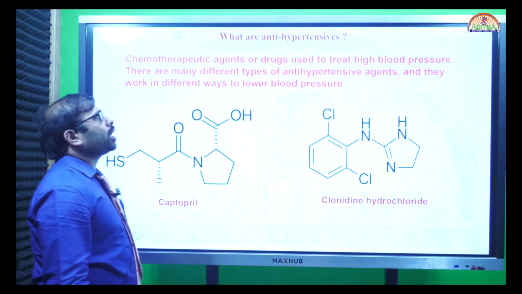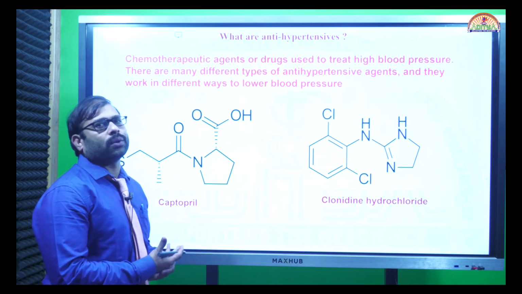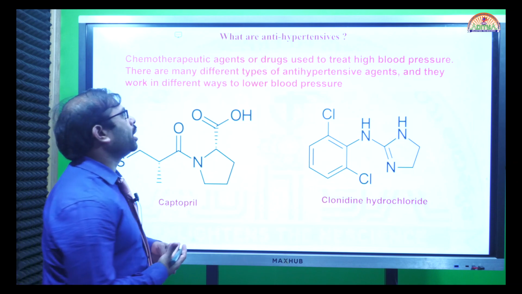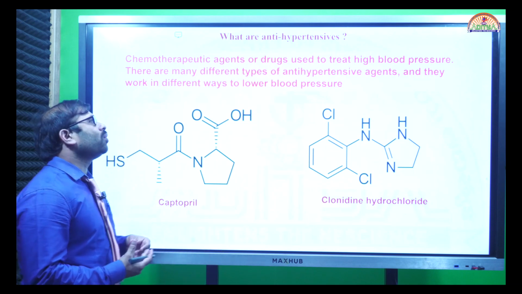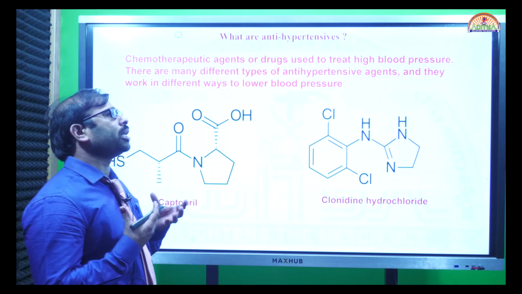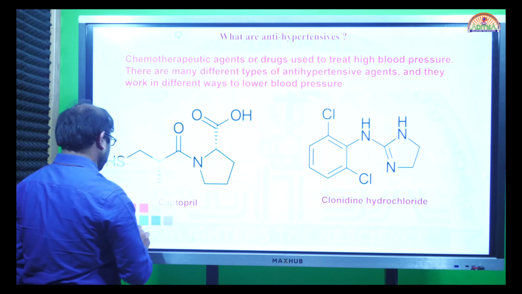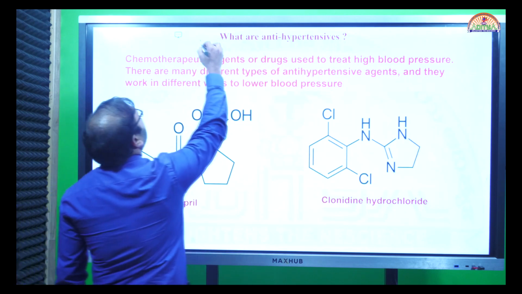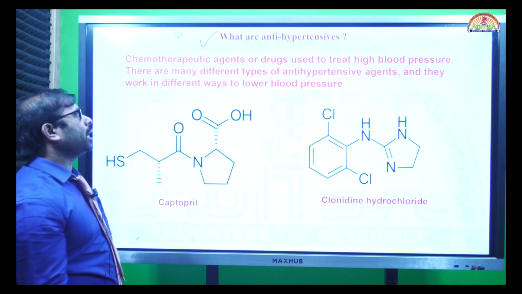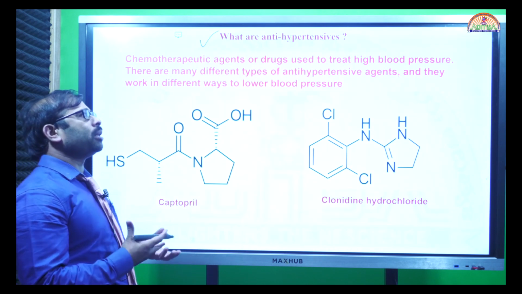Now, what are antihypertensives and antihypertensive agents? Like chemotherapeutic agents, and antibiotics, which we have learned, now we are going to learn the definition of antihypertensives or antihypertensive agents.